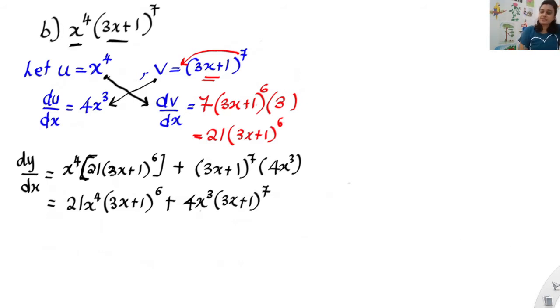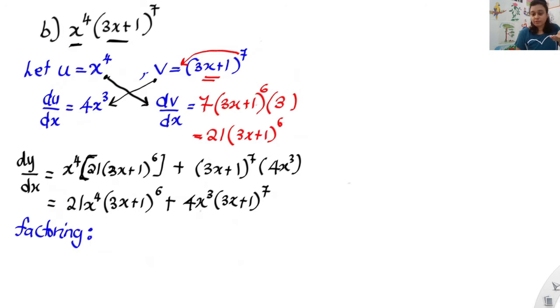Now let's check your factoring skills. Which one can be factored here? By now you should already be able to see. First of all, see the numbers 21 and 4. Do 21 and 4 have any common factor?